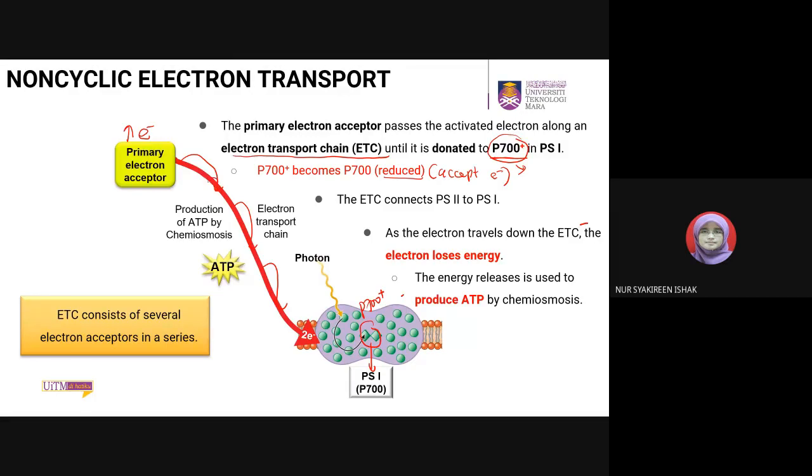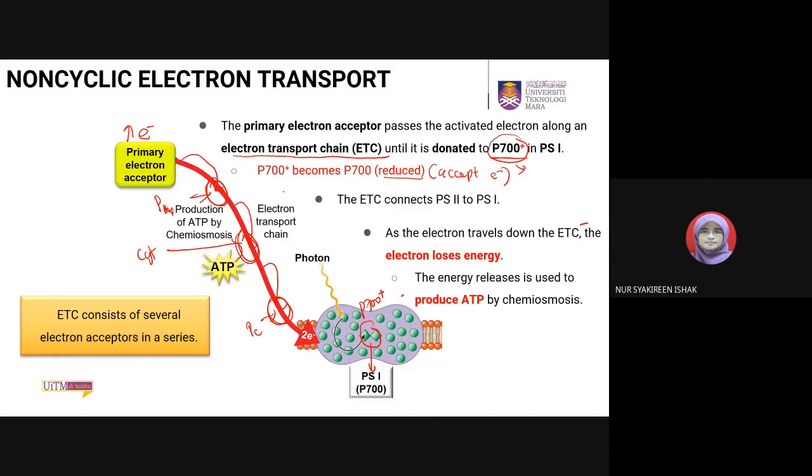So ini kalau tengok kat sini adalah components of the electron transport chain. Dia ada a few electron carriers. Okay, dia punya electron carriers kita namakan dia sebagai, kalau tak silap saya, nanti kita check balik, PQ, PC, kat sini CYT.